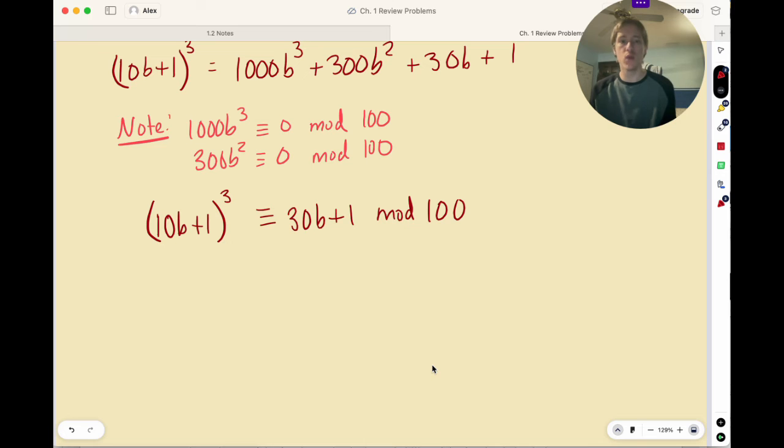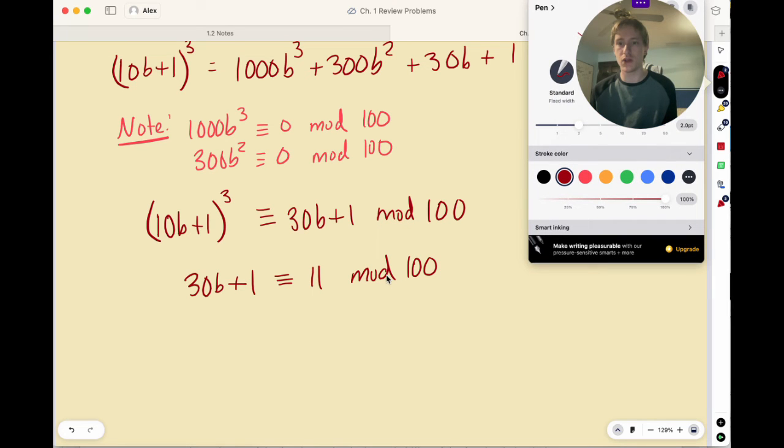Now, we want this to have a remainder of 11 upon division by 100, which means that we want 30b plus 1 to be congruent to 11 modulo 100. Okay? But that's going to happen by the definition of congruence.